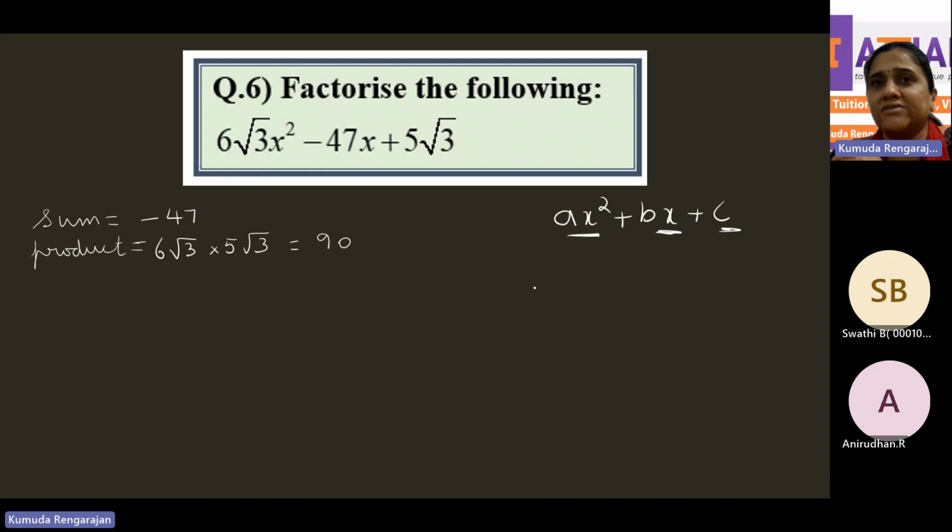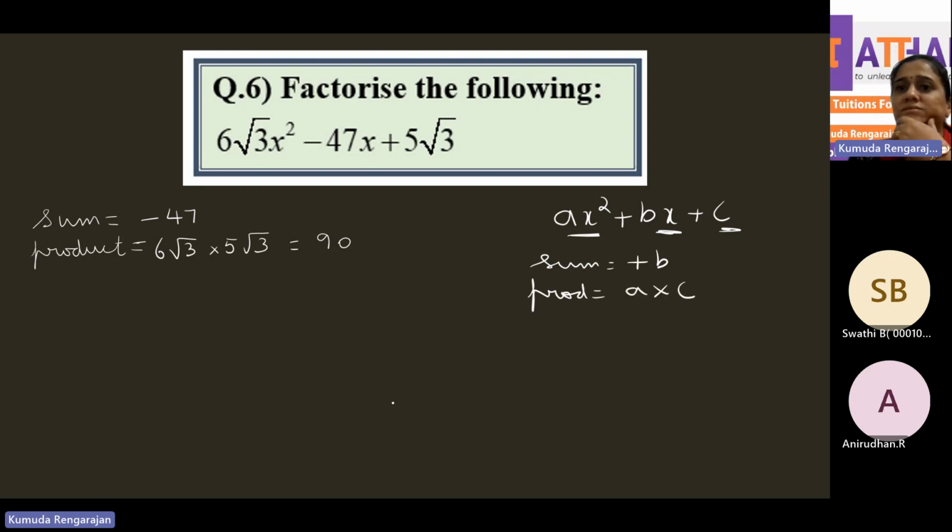If you have to factorize the expression by splitting the middle term, there'll be 3 terms. So the sum is the b term, and the product is a into c.